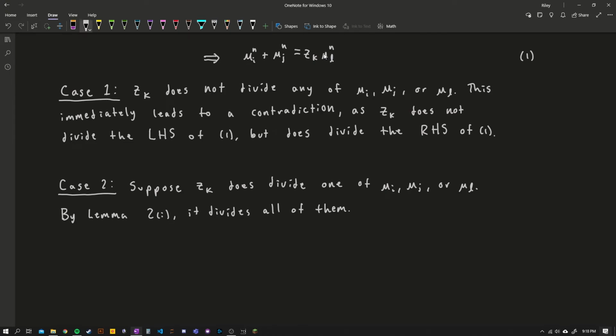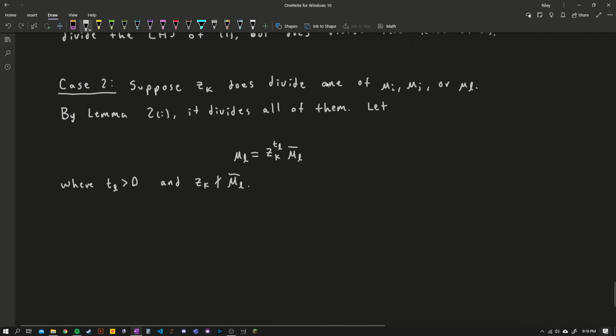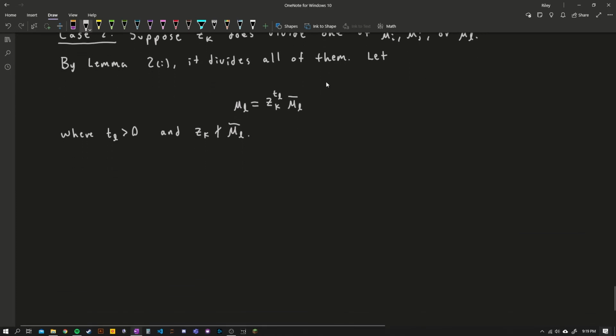So I want to let mu_l be equal to z sub k to the power of t_l times mu_l bar, where mu_l bar is just a version of mu_l with all the factors of z_k pulled out. Then, going back to equation 1, I want to substitute what we have here for mu_l and pull out all the factors of z sub k again that we can, and doing that we get this.